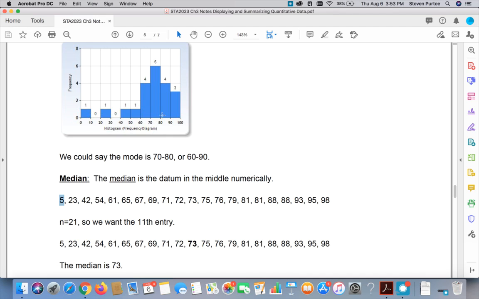The median is the data point that's physically in the middle. If we were to cut this histogram in half by area, we would find the median. The mean is the balancing point. Imagine if this were like a teeter-totter and we needed to find a pivot point where this whole thing would balance on one single point. That's what the mean would do. It would be about right here.